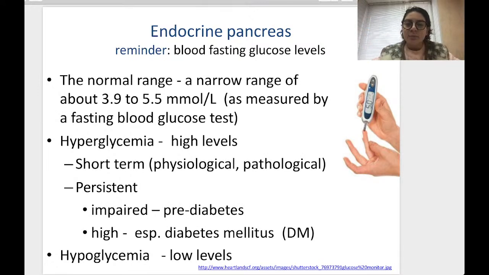It can be impaired, typical for pre-diabetes, and it can be high, typical first of all for diabetes mellitus. In endocrinology you will learn there are other cases when there can be hyperglycemia but without diabetes mellitus. And hypoglycemia, as I said, is low levels of glycemia.